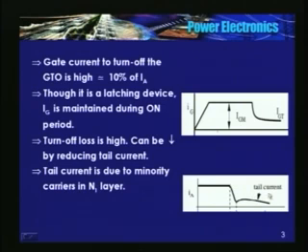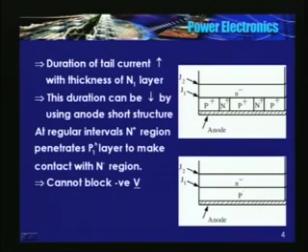How will you reduce this tail current, or what is the reason for this tail current? It is due to the minority carriers in N1 layer. So, the duration of tail current can be reduced by penetrating a highly doped N layer in the P layer.